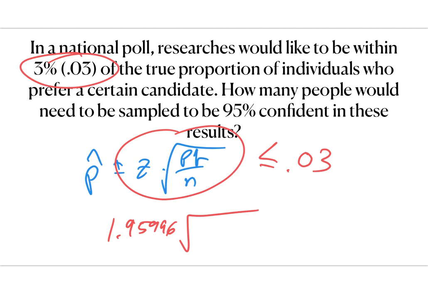My p and my q were 421 over 500 times 79 over 500 divided by n. If I have no idea about these two values, in some cases that's true, we would assume there's no difference and it'd be just 50-50.